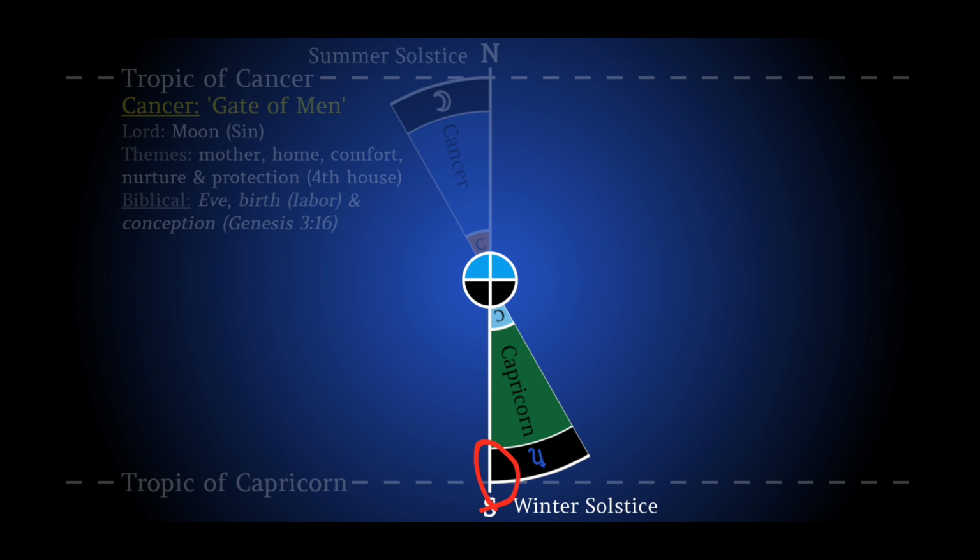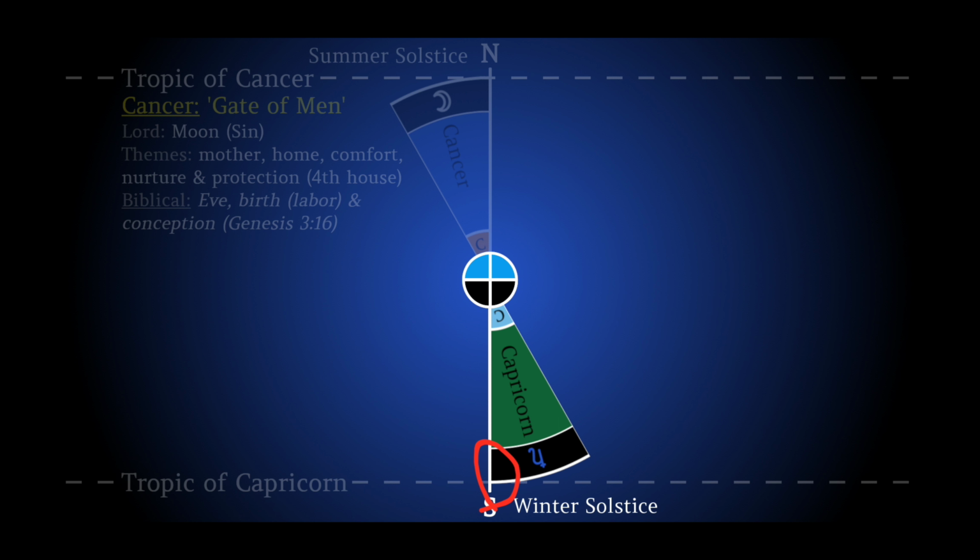So just remember that, because that's going to be important here in a second. That's why Capricorn is an earth sign, and it's ruled by Saturn, and it's a cardinal sign like Cancer is, and it's attached to the dark side of the zodiac, I should say.